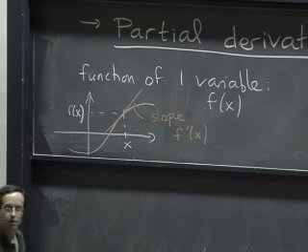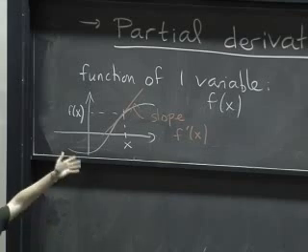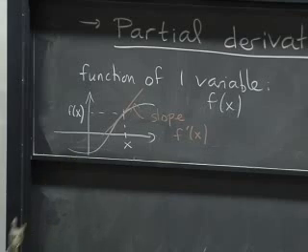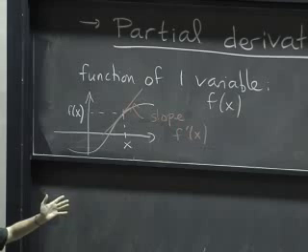And truth in advertising, not every function has a derivative. You have functions that are not regular enough to actually have a derivative. So in this class, we are not going to worry too much about differentiability, but it's good at least to be aware that you can't always take a derivative.